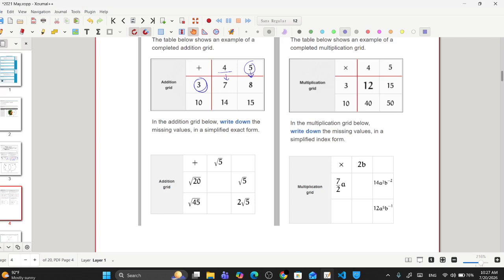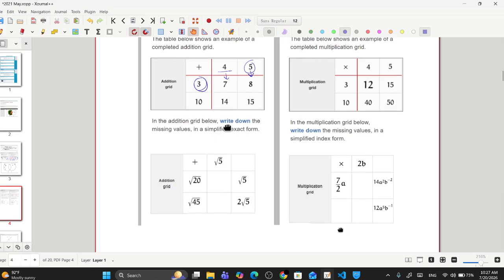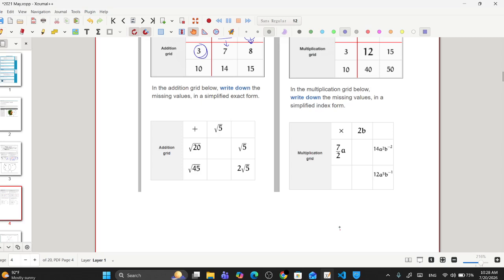Now this is something that can be solved using a calculator as well, but I would personally prefer that the calculator is not used. Root 20 plus root 5, let me break it down in an easier way, because there is an underlying concept in it. Root 20 can also be written as root 4 multiplied by root 5.